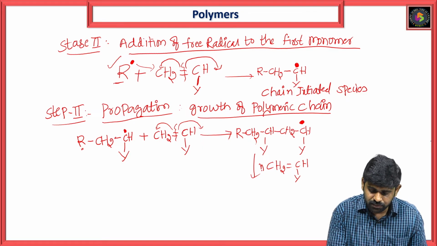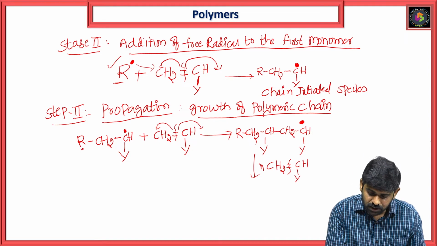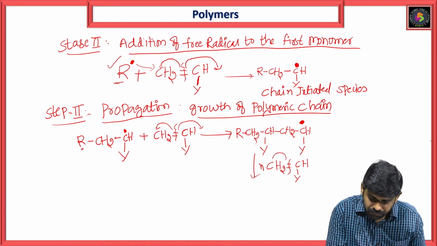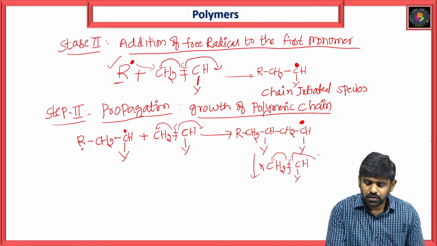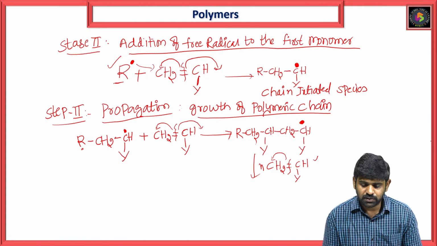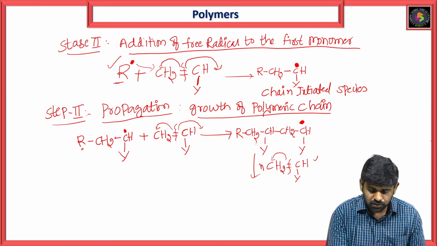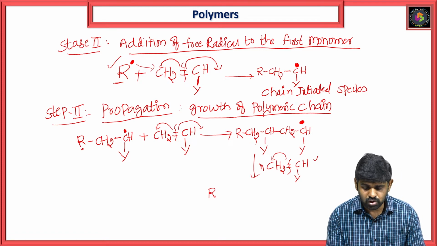So same concept again, bond cleavage. This electron moves here to form a bond with CH dot, and another electron moves out here to form chain initiated species. So that's why I'm taking N moles here. So what should I write here? Living polymer, and the reaction goes on.